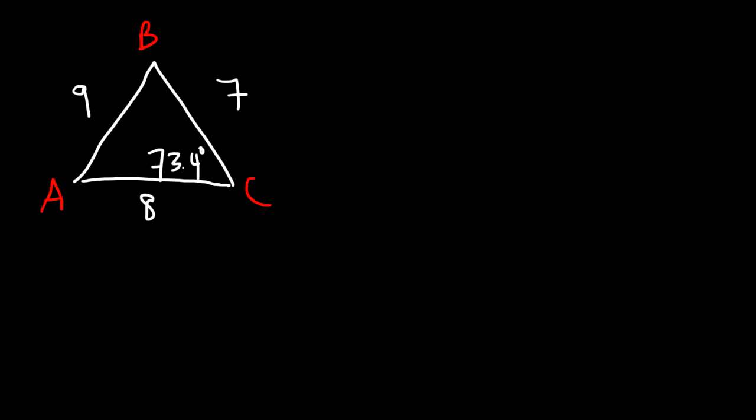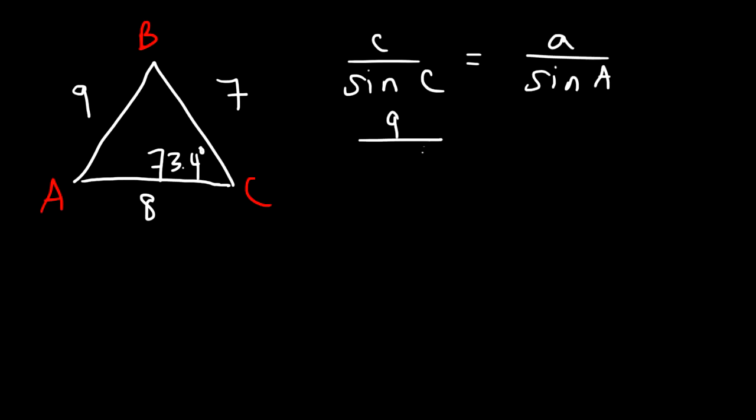Now let's use the law of sines to figure out everything else. Let's start with this equation. C over sine C is equal to A over sine A. C is 9, angle C is 73.4, side A is 7.